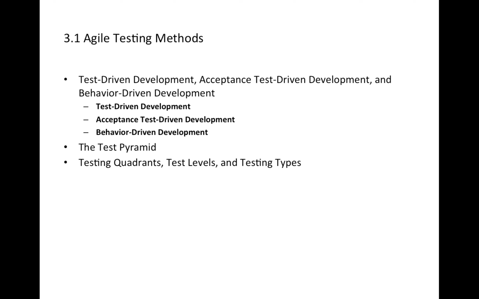Tests can be fully manual, fully automated, or a combination of manual and automated, depending on the supported tools. The four quadrants are: quadrant 1, which is the unit level; 2, which is the system level; 3, which is the system or user acceptance level; and 4, which is the system or operational acceptance level. Again, these are a deep subject.